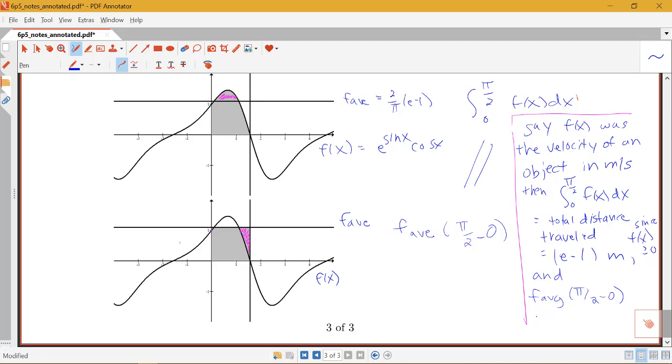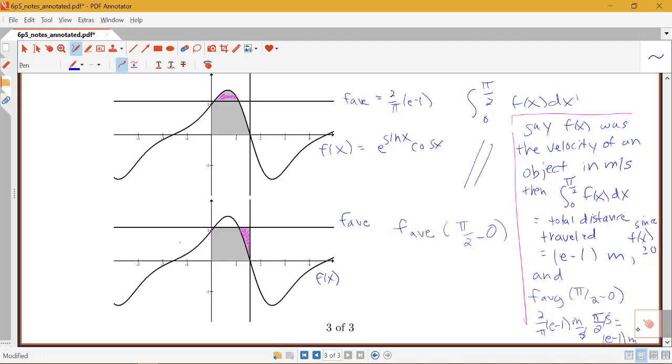So this is my average velocity here, which would be 2 over pi times e minus 1 meters per second, times pi over 2 seconds. We can see how this gives us that e minus 1 meters.